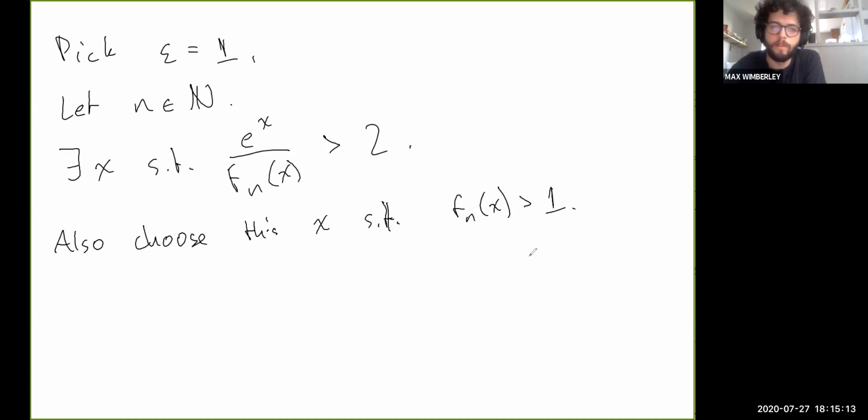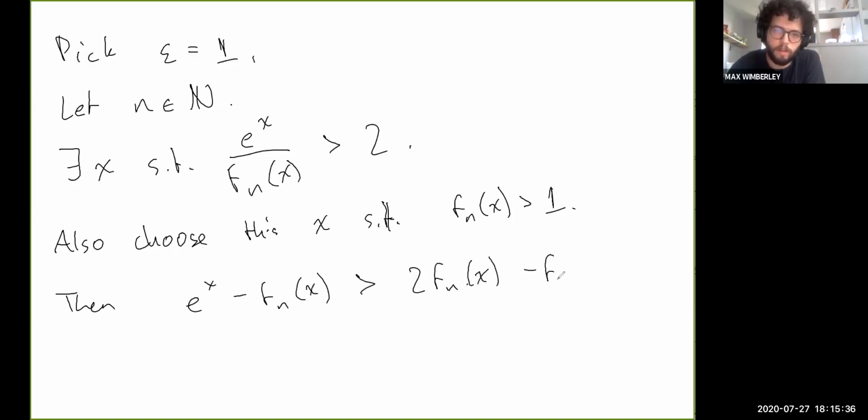Then e to the x minus fn of x is greater than 2 fn of x minus fn of x, which equals fn of x, which is greater than 1.